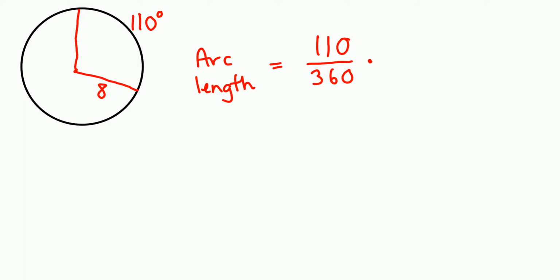Multiply by the circumference, so 2 pi r is 8. Okay, and we get approximately 15.35.